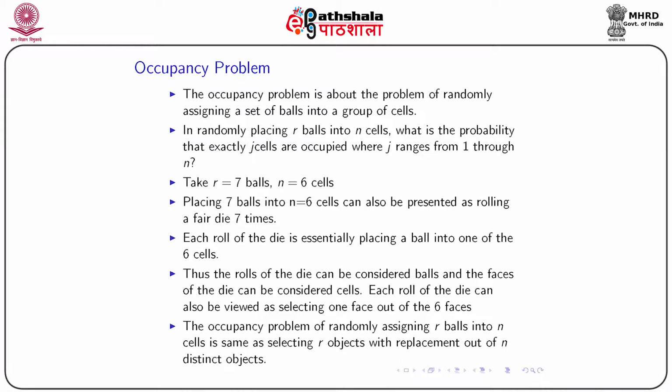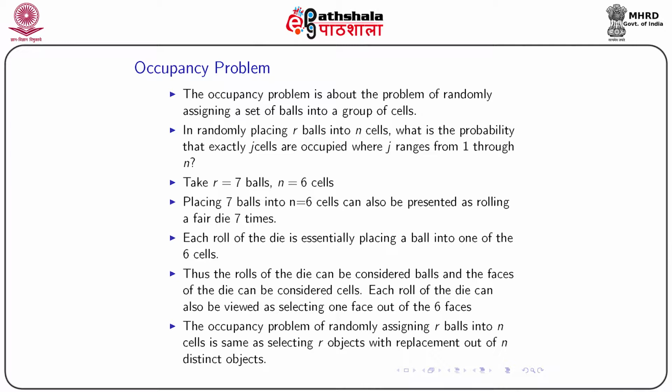To make our life much simpler, we start with an example: suppose we have 7 balls and 6 cells. The problem is that we have to place these 7 balls into 6 cells. We can view placing 7 balls into n equals 6 cells as rolling a fair die 7 times, because a die has 6 faces.